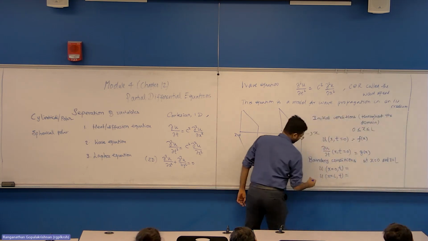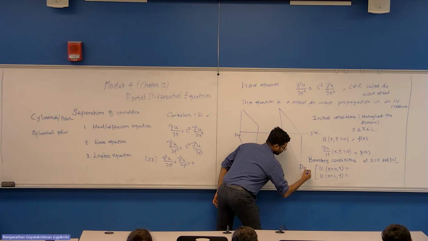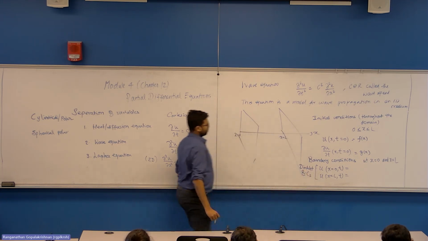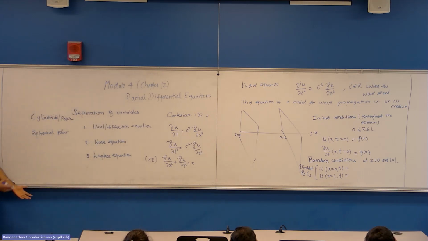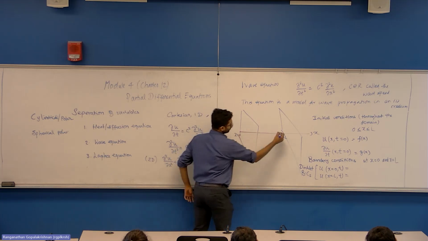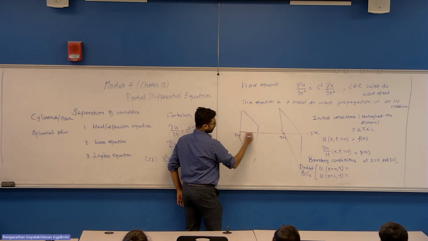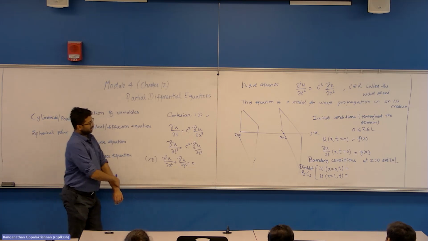If the value of the function is given at both locations, those are called Dirichlet boundary conditions. Since this is one dimension, this point and this point represent the boundary of the domain.